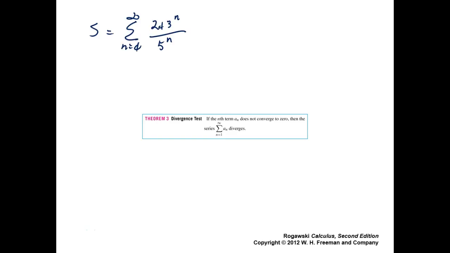This comes from the linearity of infinite series, so this is okay to do. That would be the summation from n equals 0 to infinity of 2 over 5 to the n, plus the summation from n equals 0 to infinity of 3 to the n over 5 to the n.